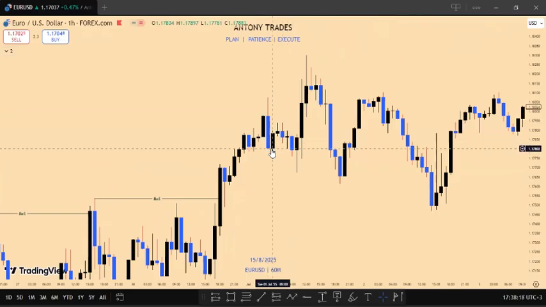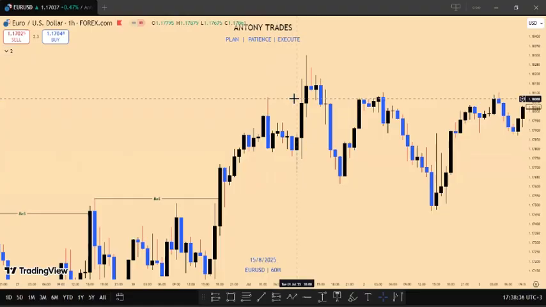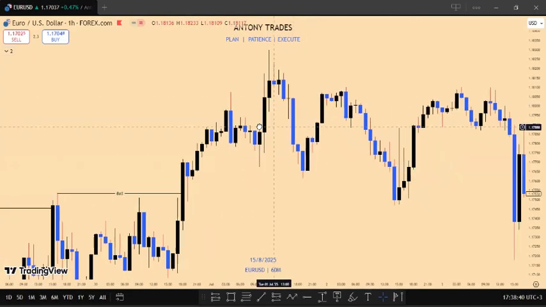So I will count this one as the first candle, of which this candle did not close below the low of this candle. So this is the candle that closed below this candle. So this is the first candle. If even here we don't have the second candle, this is not a valid pullback. So I cannot mark this one as a break of structure.